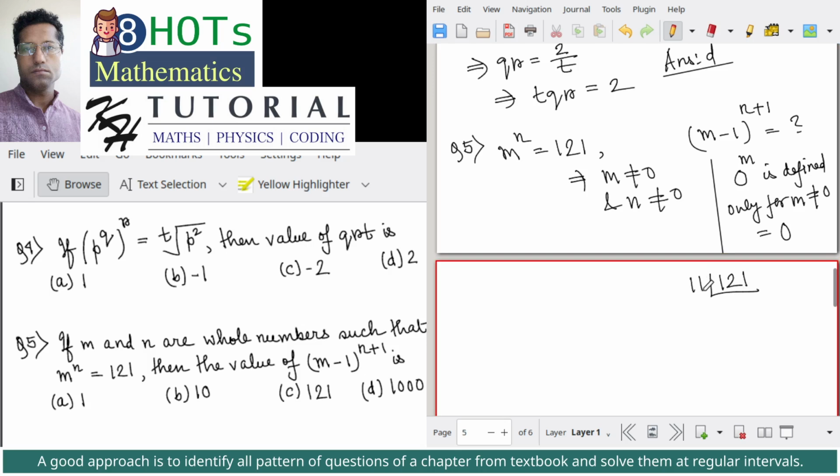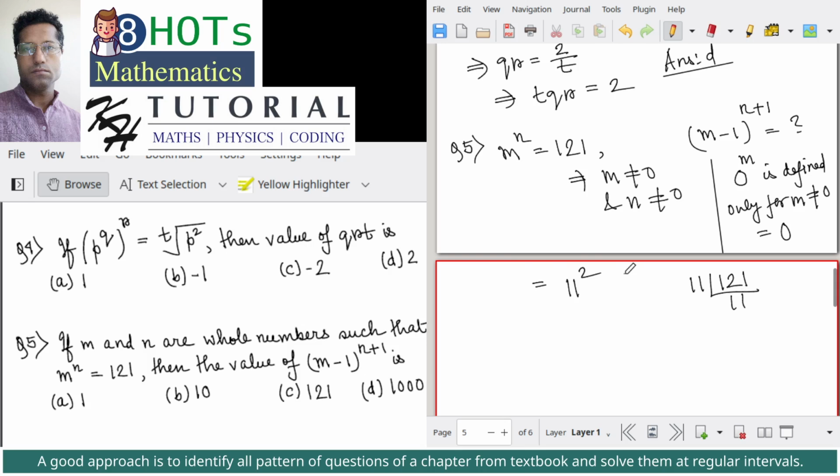I can see 11. I know orally that 121 is 11 square. In the exponential form, 11 square is the only possible way of expressing 121.